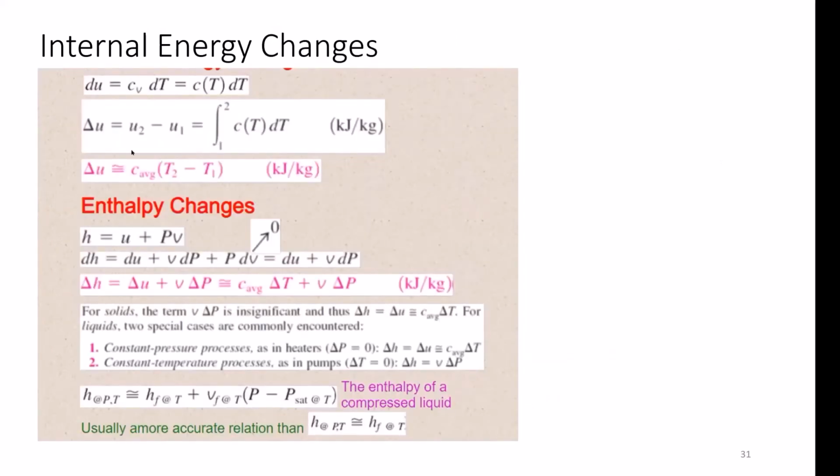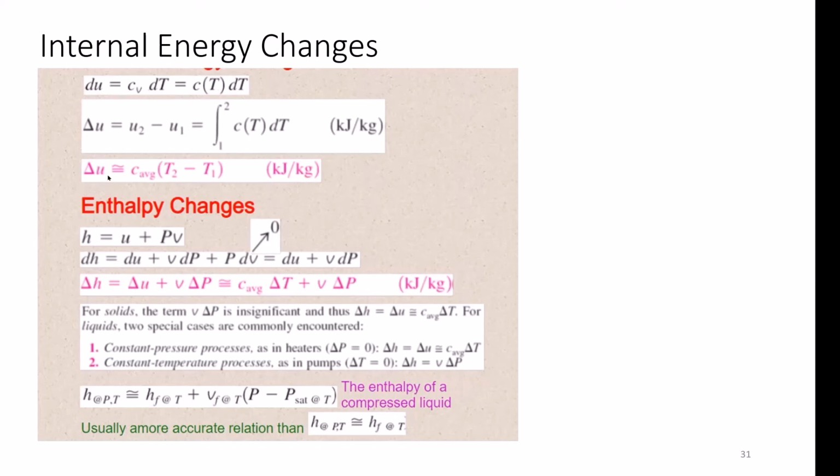Okay, so starting with our initial equation for the change in internal energy per unit mass, it's just the initial internal energy subtracted from the final internal energy. Of course, as before, we can solve it by performing the integration.